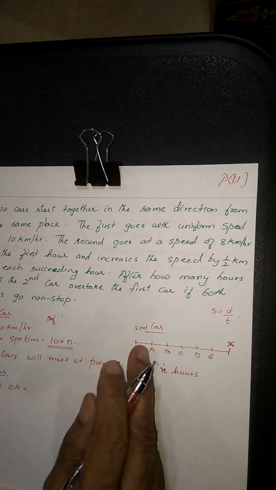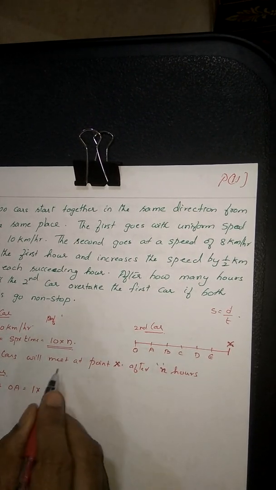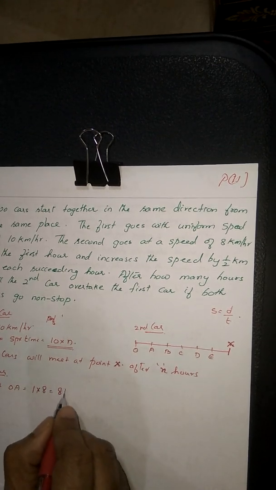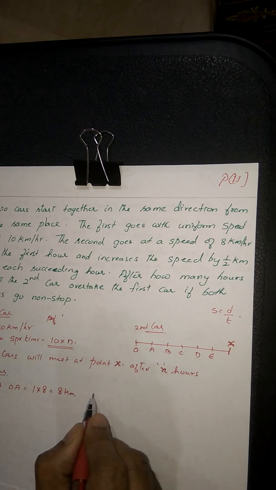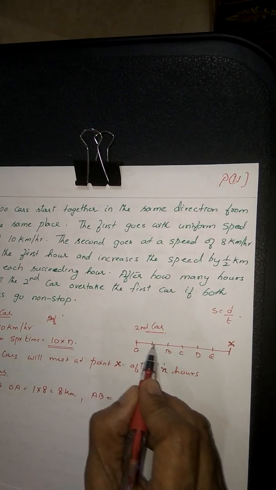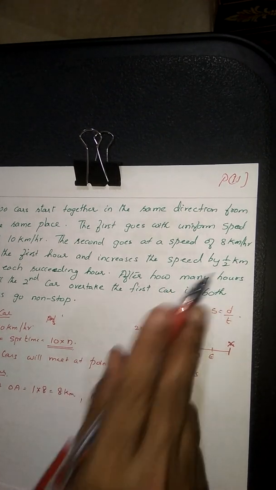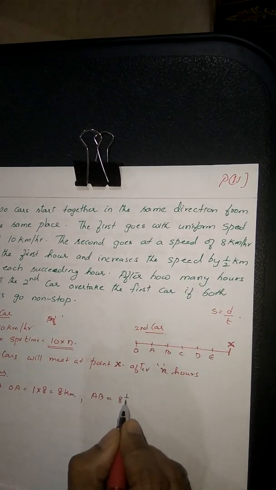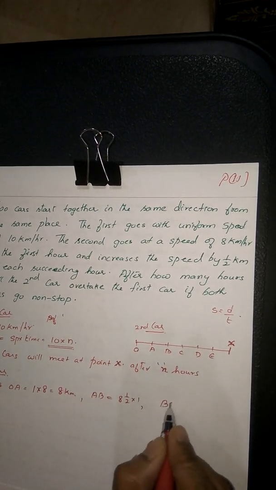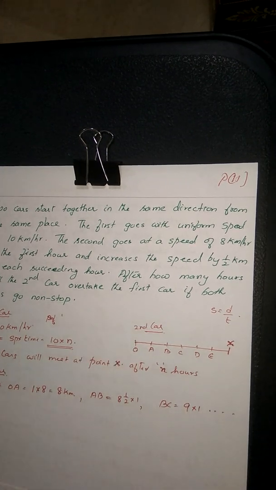In 1 hour, 1 into speed is equal to 8, so 8 kilometers. Now AB will be again 1 hour, and the speed is increased by half, so 8.5 into 1. BC is equal to 9 into 1, and so on.